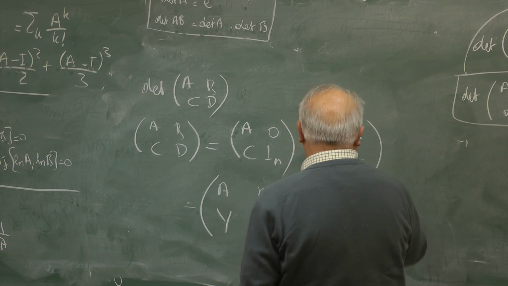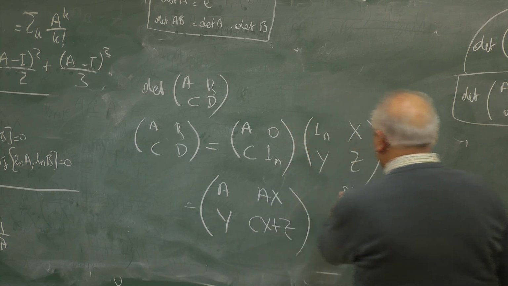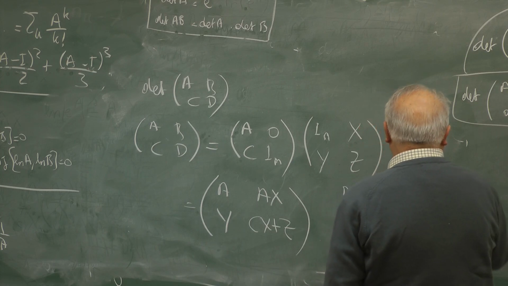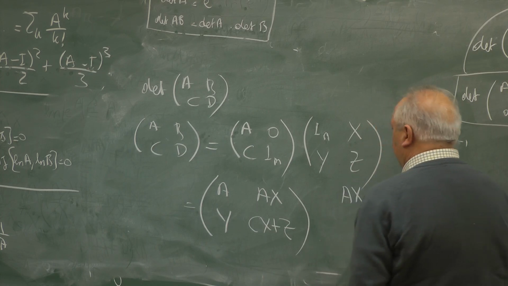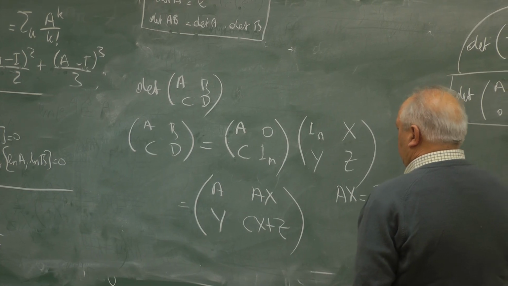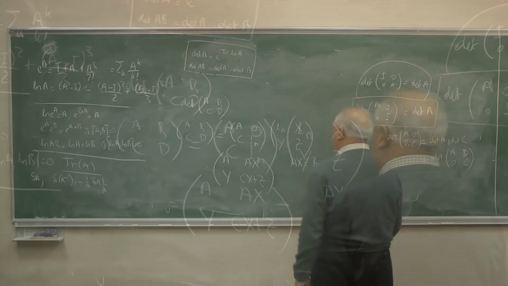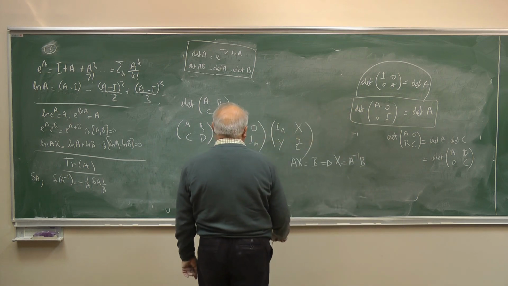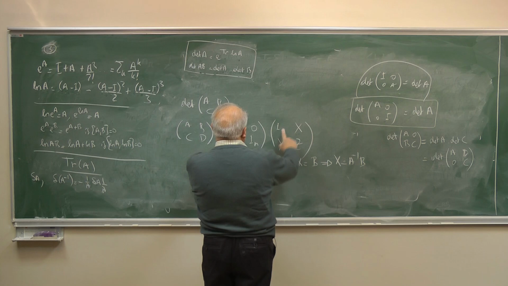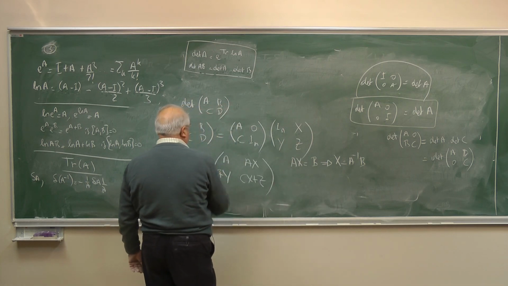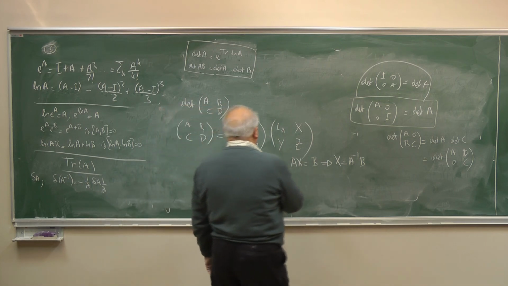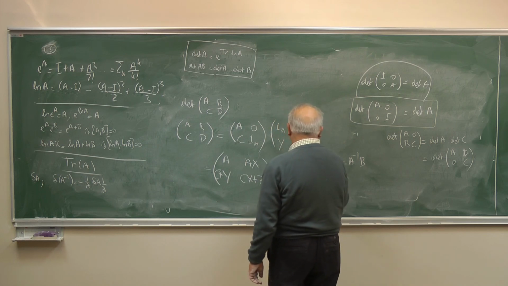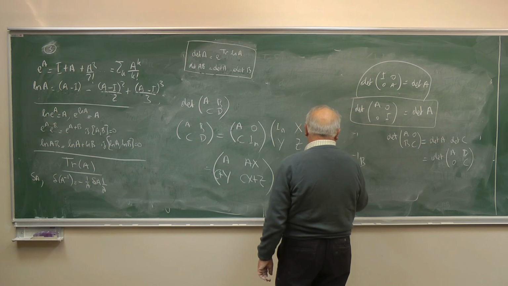AX is equal to B. If I multiply from the left by A inverse, X is equal to A inverse B. C plus Y is equal to C. That means Y is equal to 0.